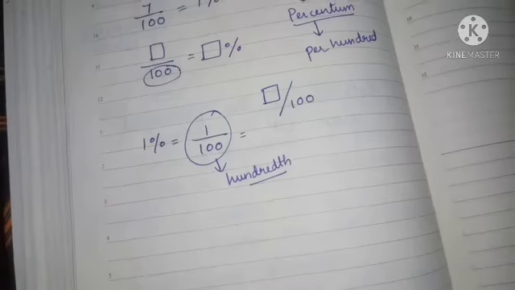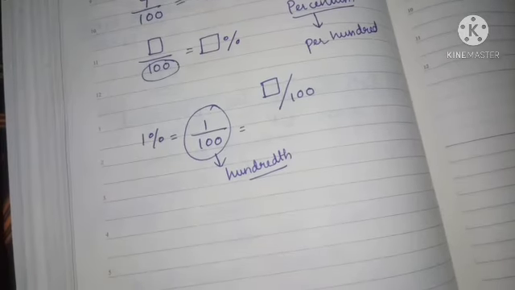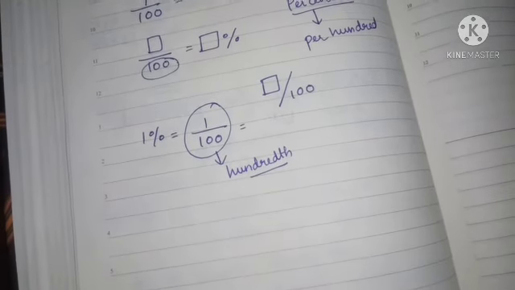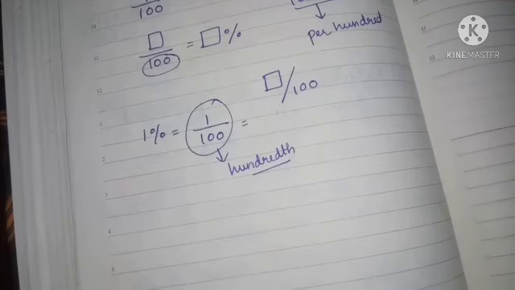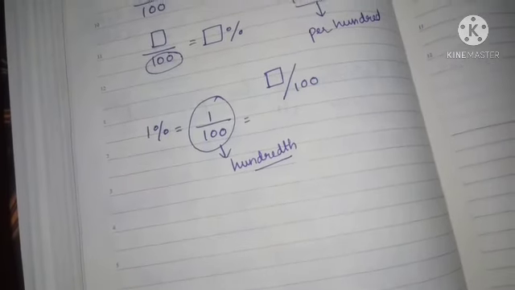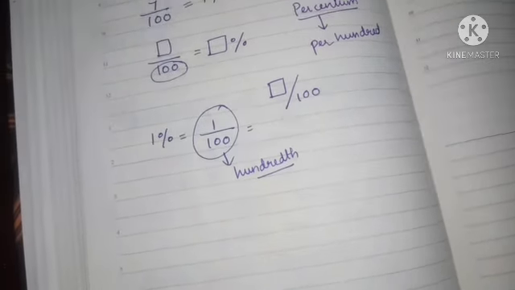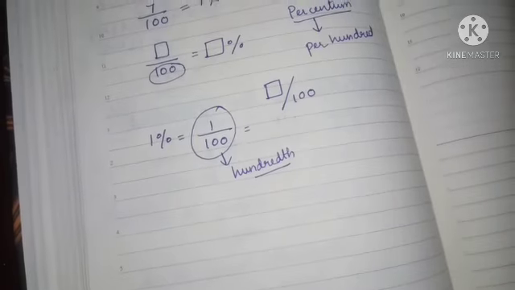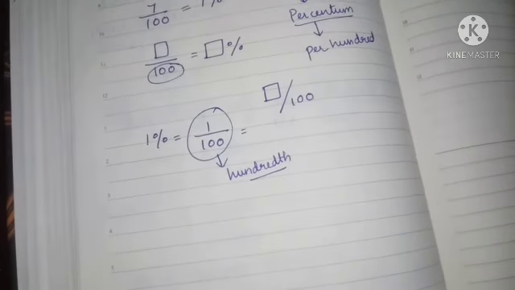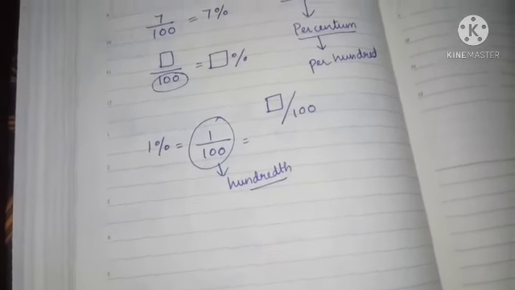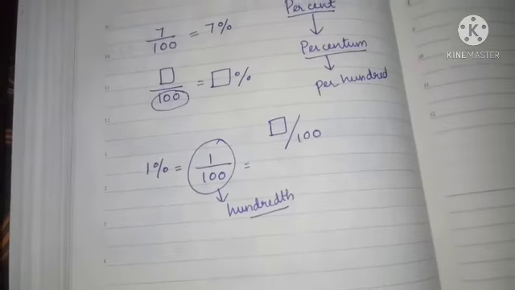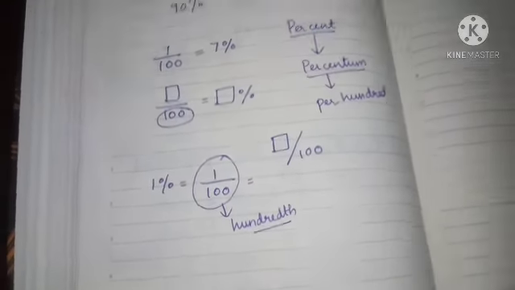When you want to find the percentage of some number, you multiply by 100, or you convert the denominator to 100. So we can convert fractional numbers to percentages. There are many things you will learn here, so I'll go straight to the example problem so you will understand percentage more clearly.